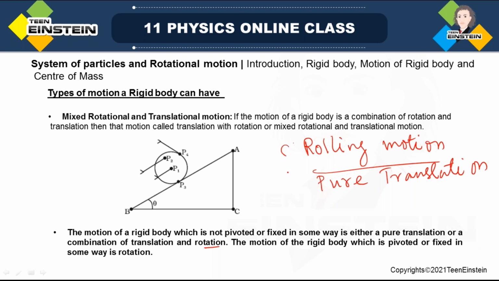You can have these two motions if no point is fixed or pivoted.